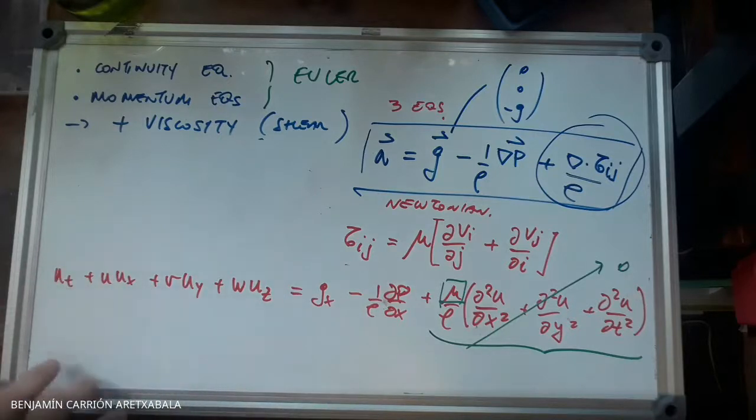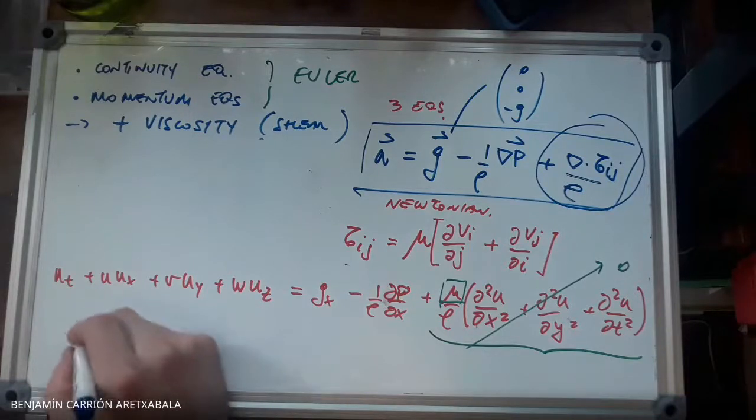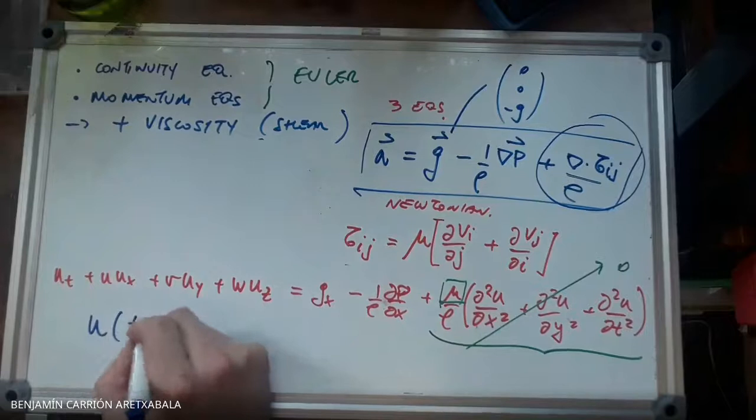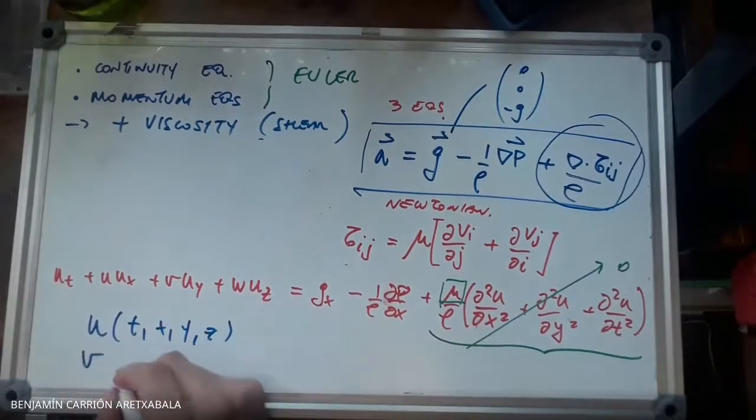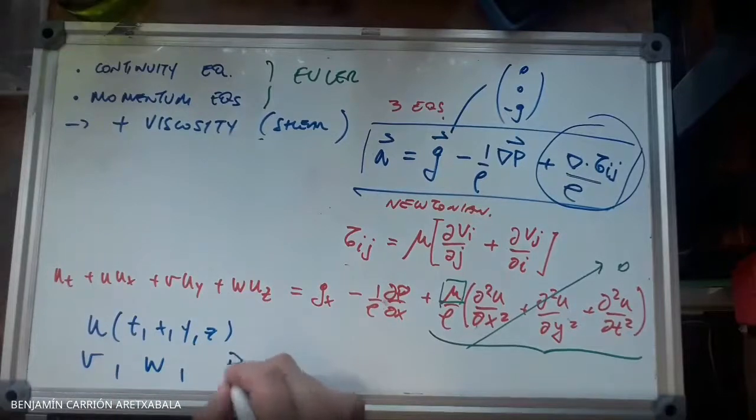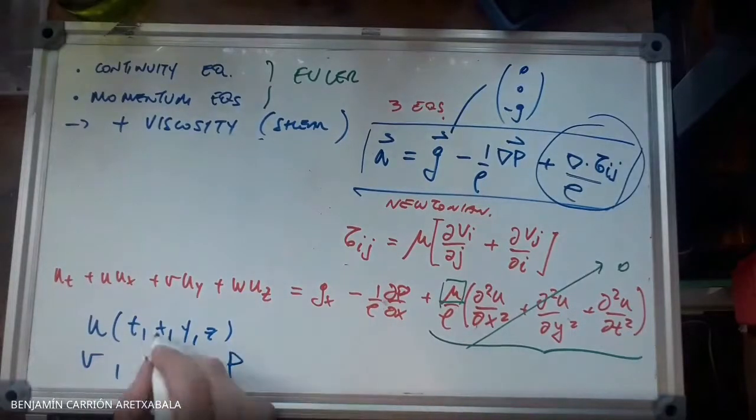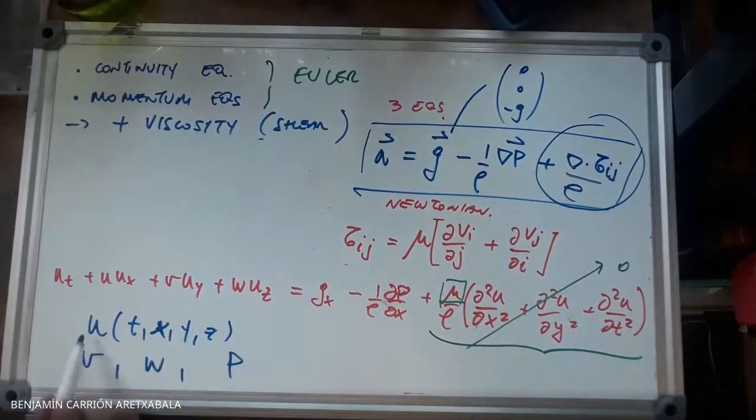So a solution for these equations are functions of the type u(t, x, y, z), and the same for v, w, and p. So a solution is a field of u, v, w, and p on the full 3D space and over time.